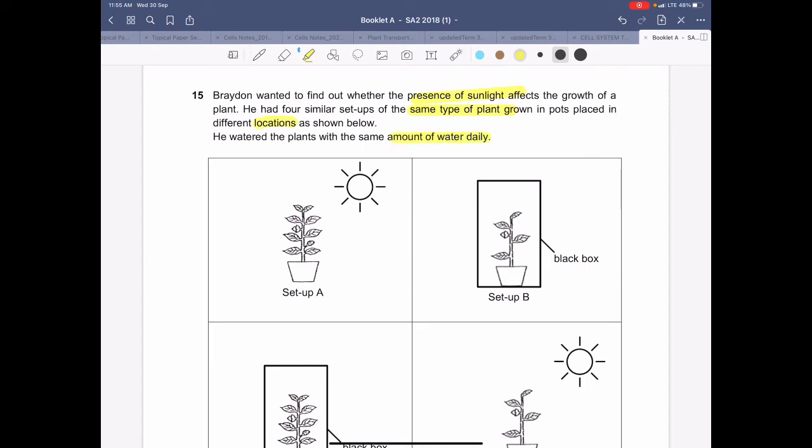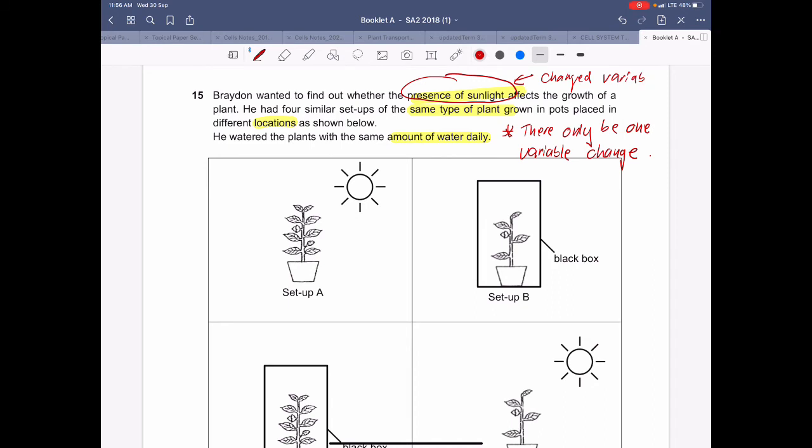So the first thing whenever you want to find out something about any experiment, there can only be one variable change. Now in this case, the variable change has to be whether there is sunlight or no sunlight. This is actually the change variable. This should be what you're looking out for because you want to know whether or not it affects the growth of plant.